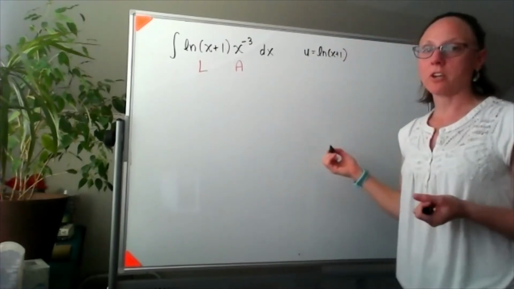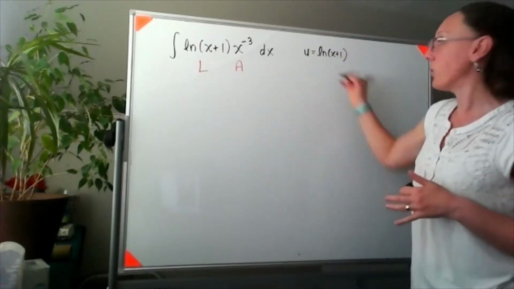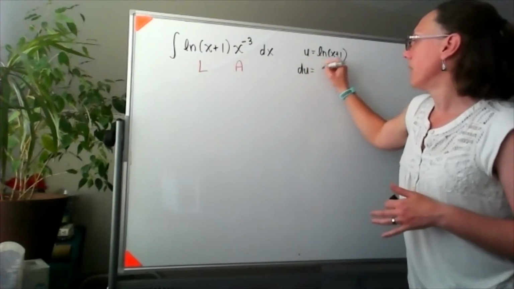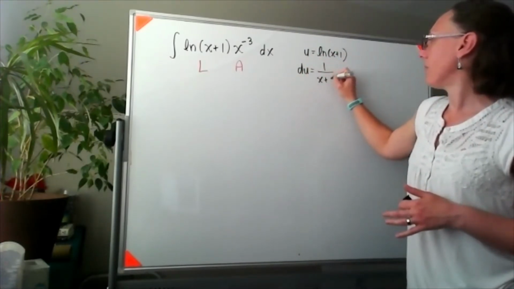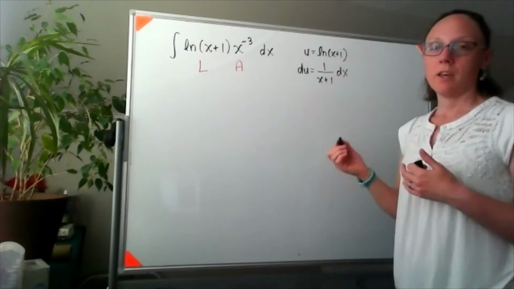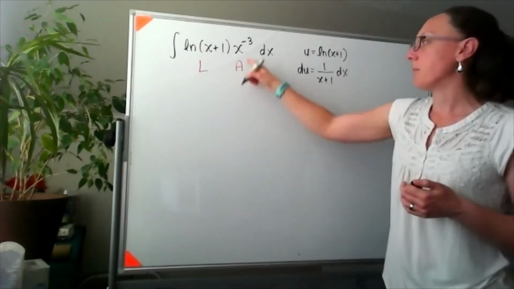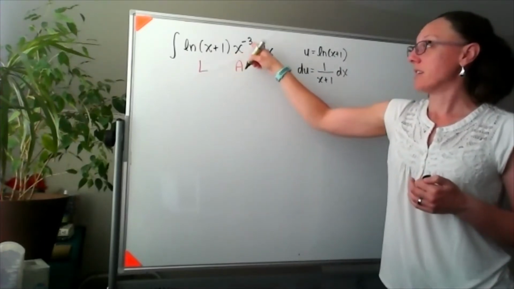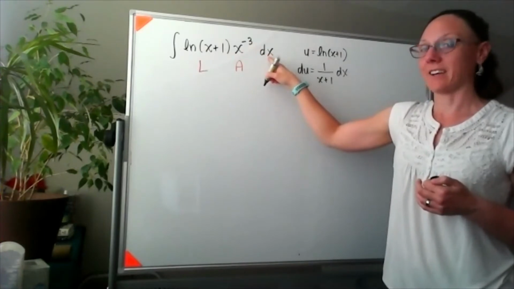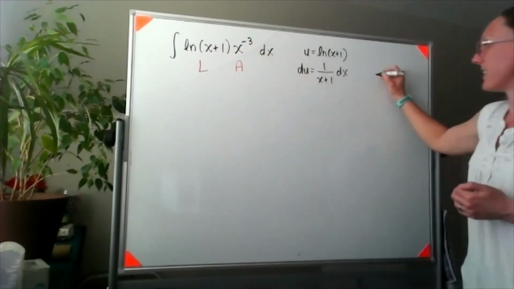For the integration by parts formula, I know that I need to find du. And then my other piece, my algebra, the x to the negative third dx, that whole thing becomes my dv.